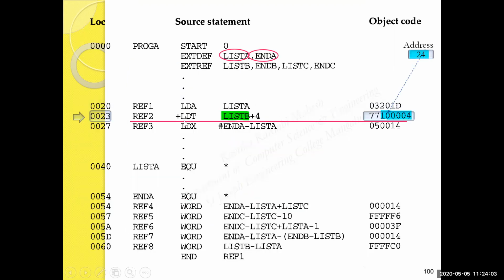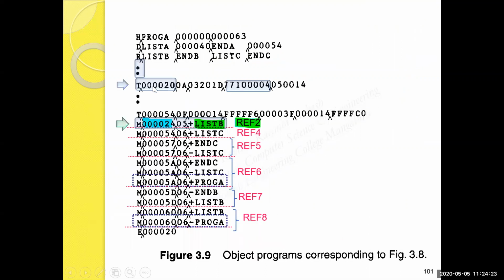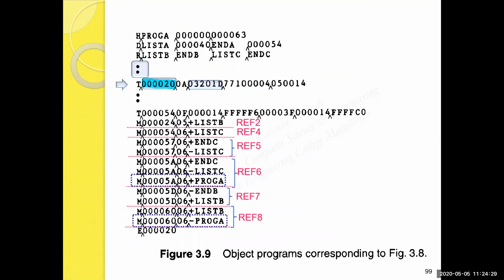Thereafter, the first instruction that is generated corresponds to reference 1, and it is placed in memory at the relative address 20. So the object code generated is 03201D. This code has to be placed into the first text record with the starting address 20. You may see the text record here, the starting address is 20, and the first object code placed is 03201D.